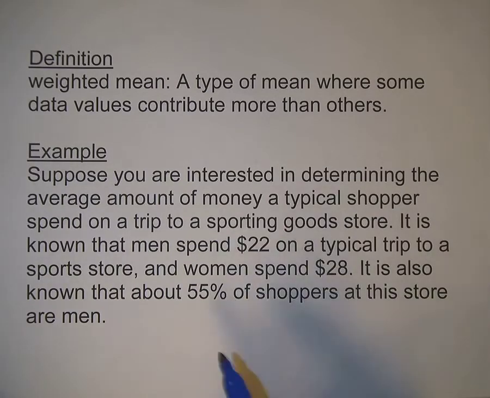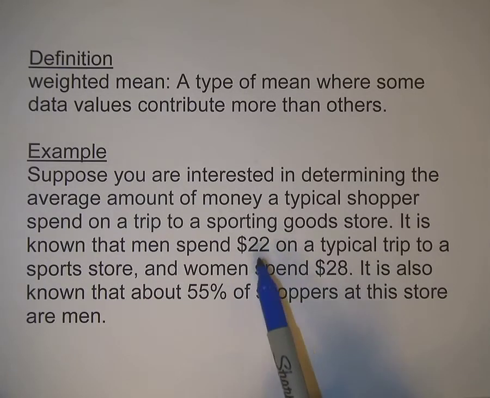So if we're going to calculate the mean for all shoppers, because men represent 55%, we want this mean to be weighted more than this mean. Men spend a little bit less but shop more often at the stores.